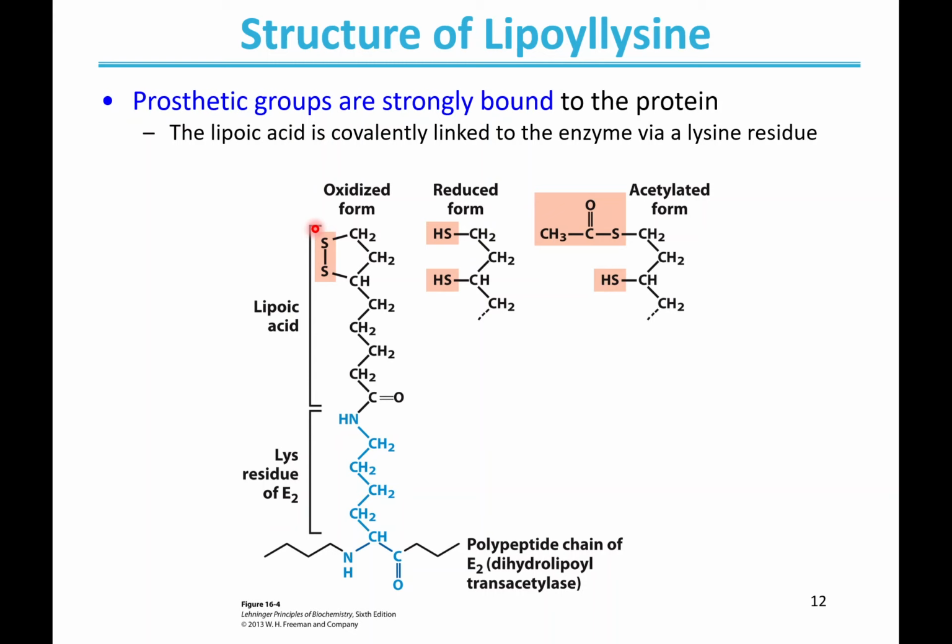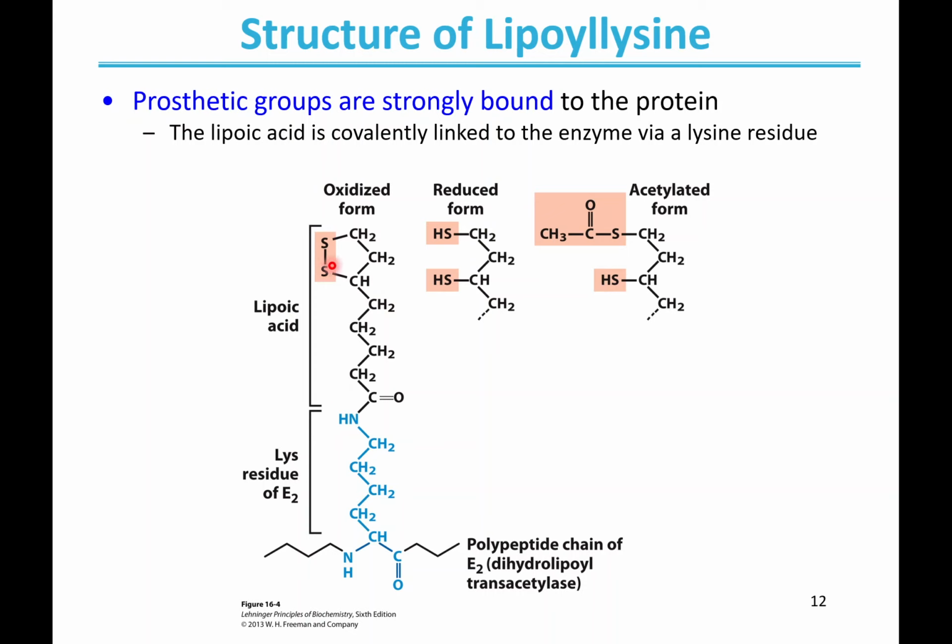What about lipoic acid, or lipoyllysine, as it's known when it's connected to a lysine residue? Well, it's this chain of carbons connected to a lysine. So it's a very long tether, which is important. That means it can be used to sort of move things from one place to another.